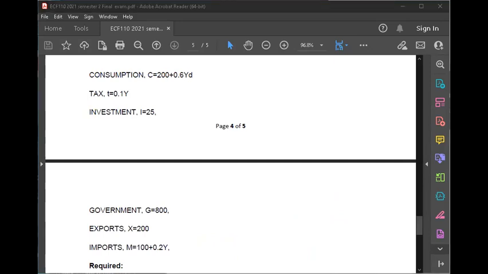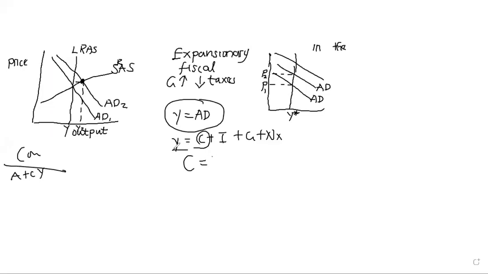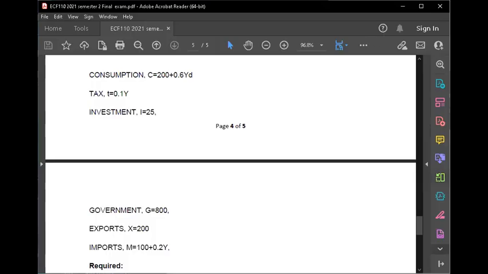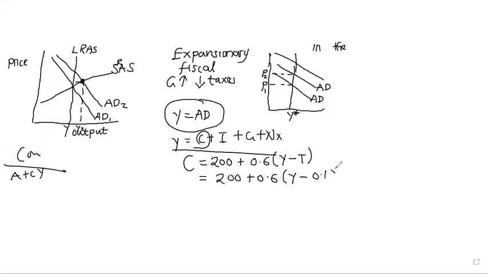So the consumption function is 200 plus 0.6 YD, meaning Y minus T, which is our tax rate, which will be equal to 200 plus 0.6 Y minus, what is the T? Is it 0.2? I think this should have been 0.2, right? 0.1. So 0.1 Y. Then you just simplify this. Now, this is 200 plus 0.6 Y minus 0.1 Y, which gives us 0.9 Y.